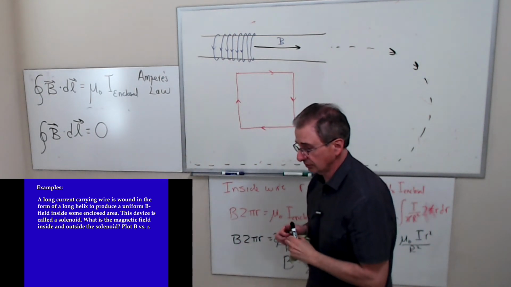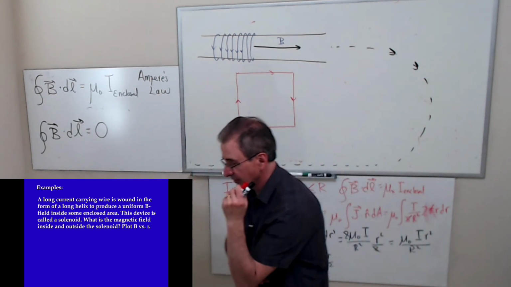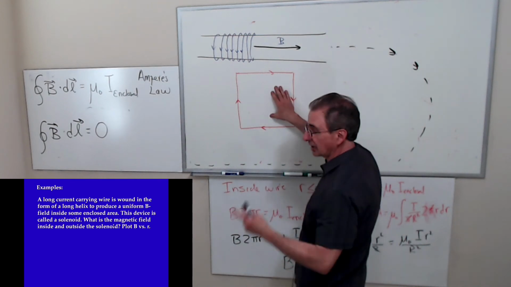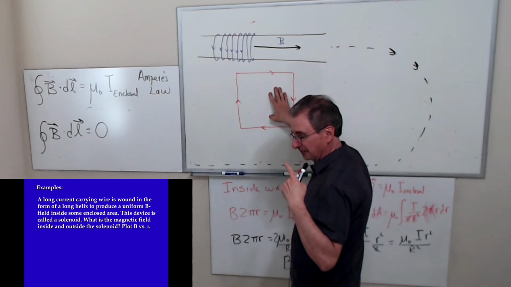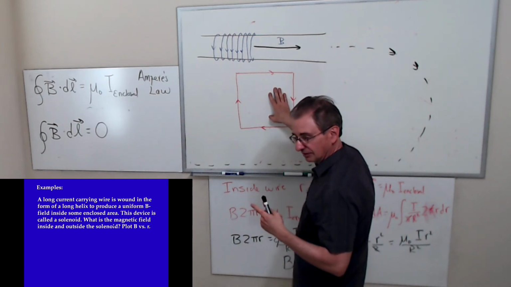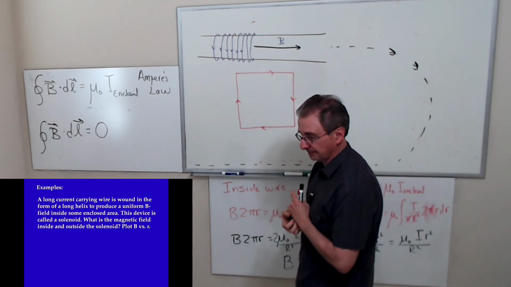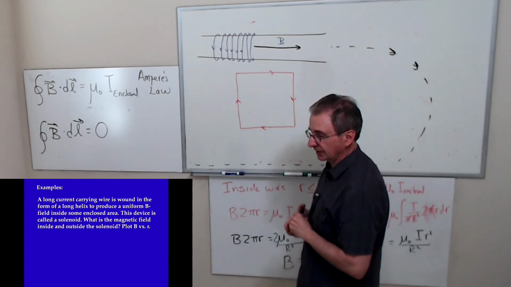So that says one of two things. Either the magnetic field is 0 or it's uniform. Why do I say that?